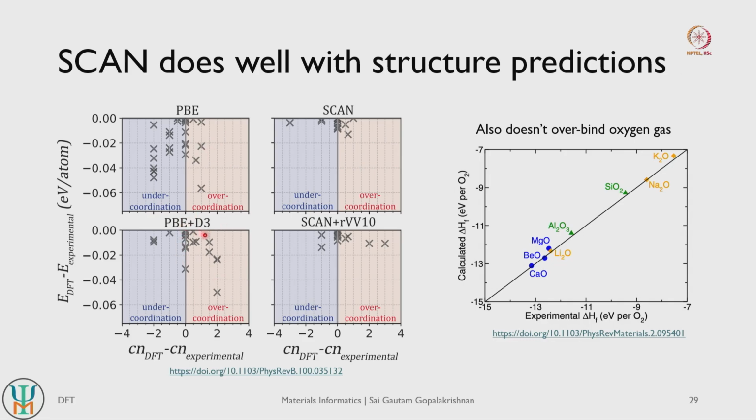If you add what are referred to as dispersion corrections, to account for the fact that PBE does not get all the weak bonding interactions very well, you can add additional corrective terms to your exchange correlation functional, and if you do that, the problem becomes lower in under coordination, but it shifts to over coordination, and we see that in the case of SCAN the problem is less severe.